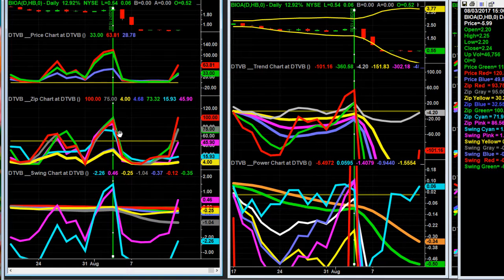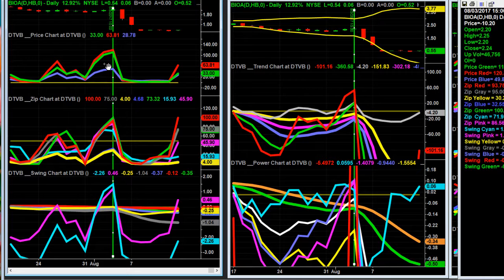And again, we have the same thing there. ZIP yellow and blue: ZIP yellow is at 30 and ZIP blue is at 32. So those are not high, and they're in low angle tops, as are swing Zion and swing pink, telling us that the next day things are going to go down.